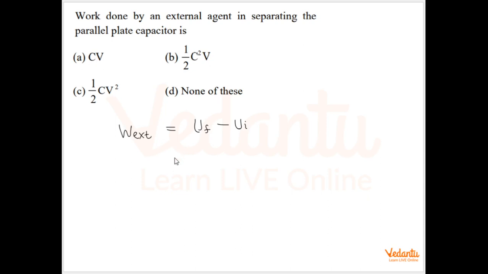And that would be nothing but half CV square minus 0. So answer will be either option B or option C. Both the options are same. Oh, sorry, both the options are not same. My mistake. Answer will be option C.